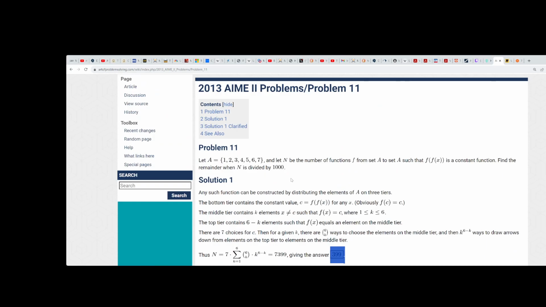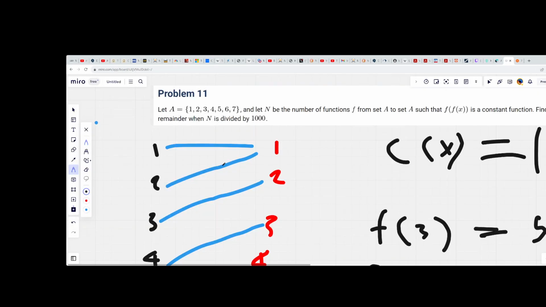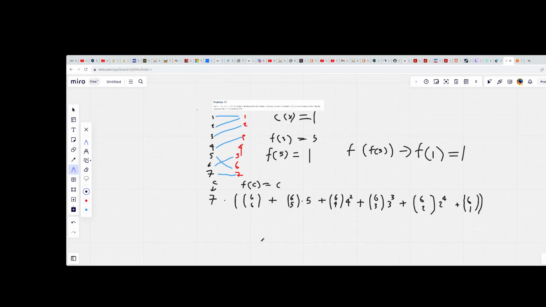I don't really know what this kind of tiered system is, but I guess they're basically talking about the same things. This is our mapped inputs, and then this is the things that are mapped to our mapped inputs, the things that map to the constants. So yeah, this is equal to 7,300.